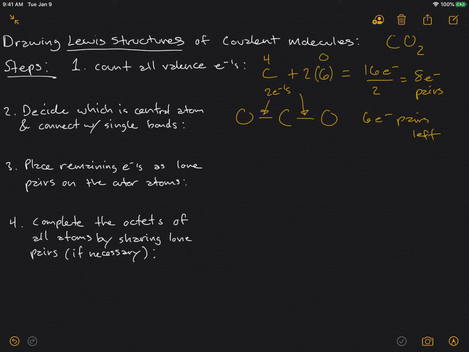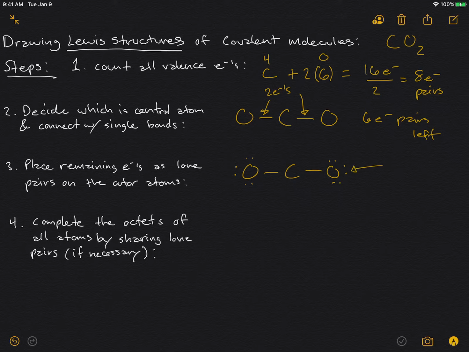The third step says place the remaining electrons as lone pairs around the outer atoms. So let's draw our structure that we've got so far. We have 6 electron pairs left to place, so we can put 3 electron pairs on each oxygen, the outer atoms.